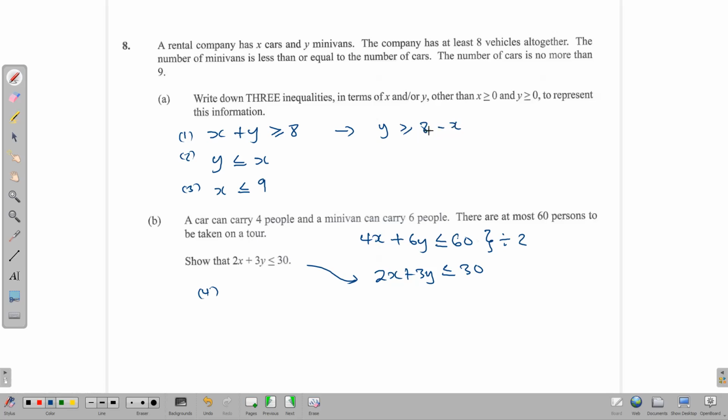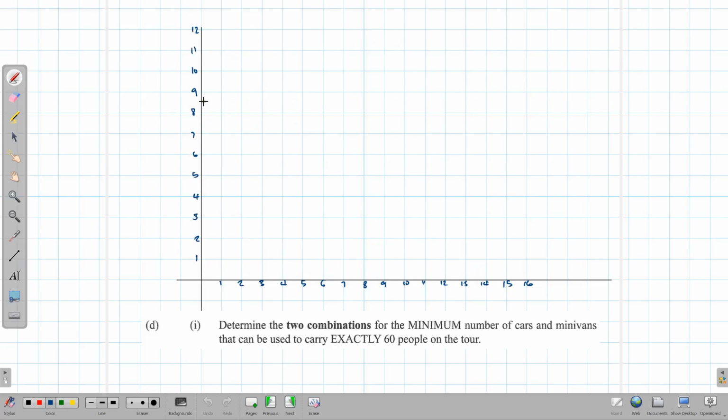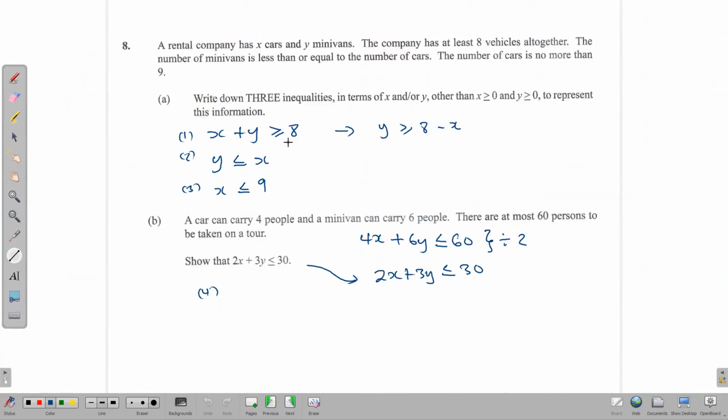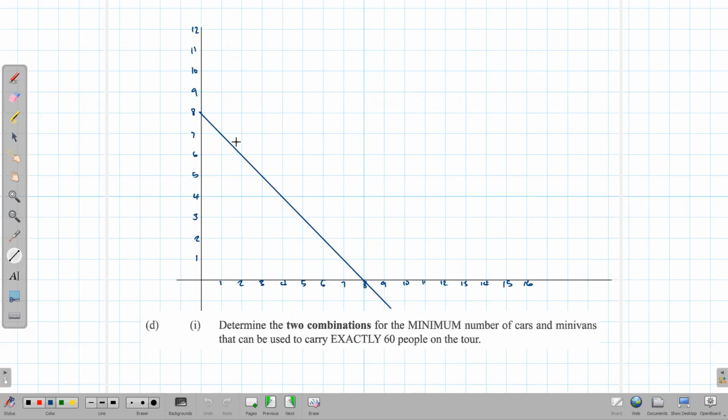When y is 0, x is 8. So we can put in those two very easily. 0, 8 and 8, 0, which come from here, and put a straight line through them, just like that. And since we're saying that x plus y is greater than or equal to 8, then what we want to do is to indicate that we are interested in this section of the line, because we're looking for what we call a feasible region.